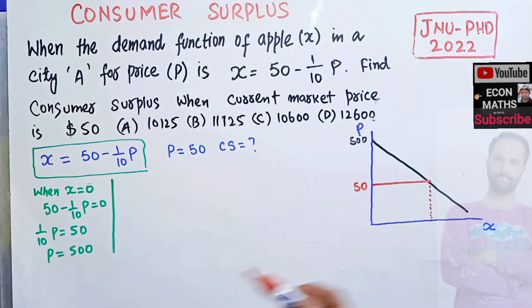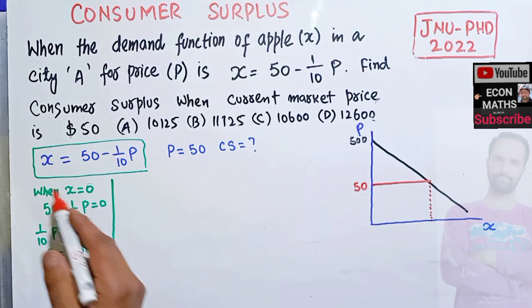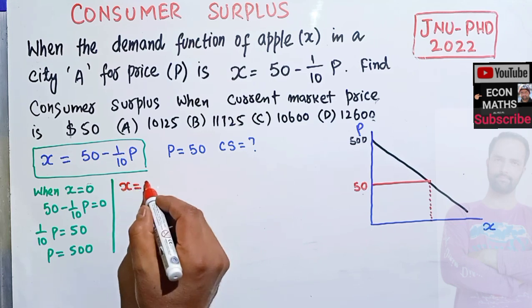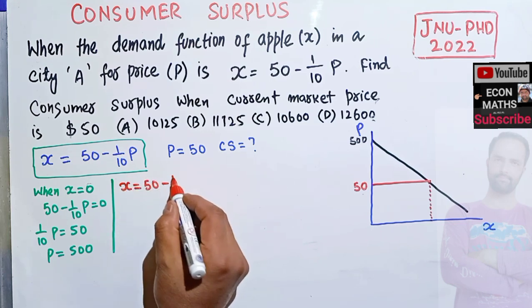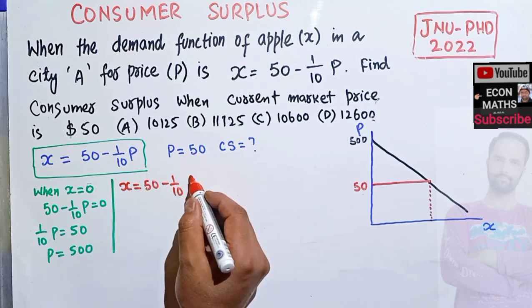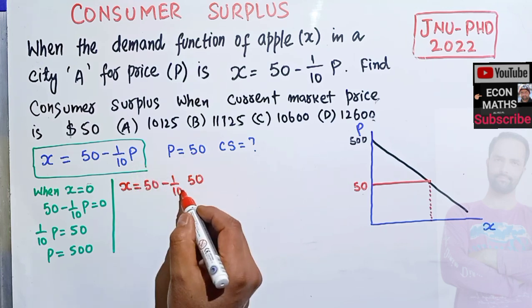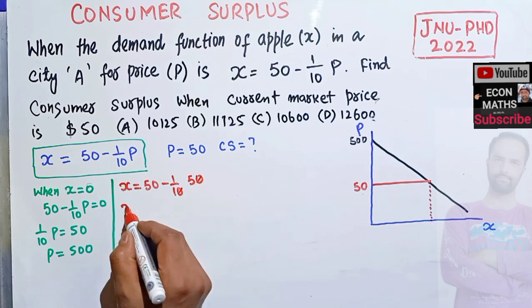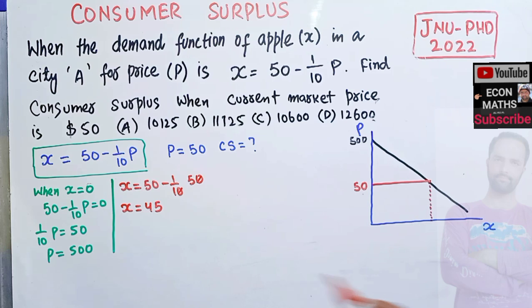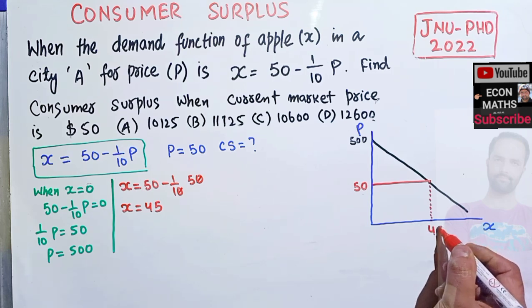That can be found as x is equal to 50 minus 1/10 times the price, which is given as 50. The 0 and 0 get cancelled, so x comes out to be 50 minus 5, which is 45. So we got 45 here.